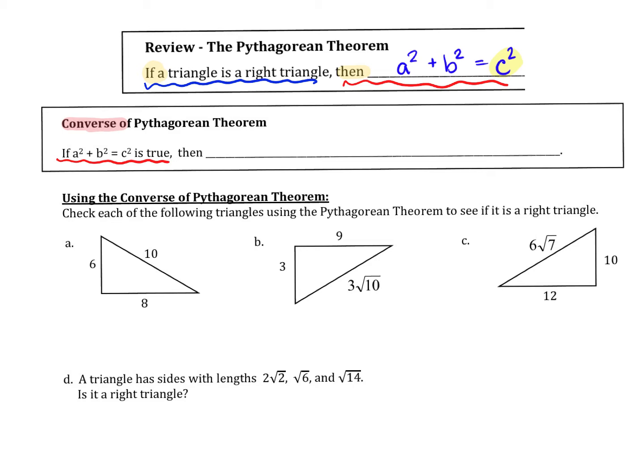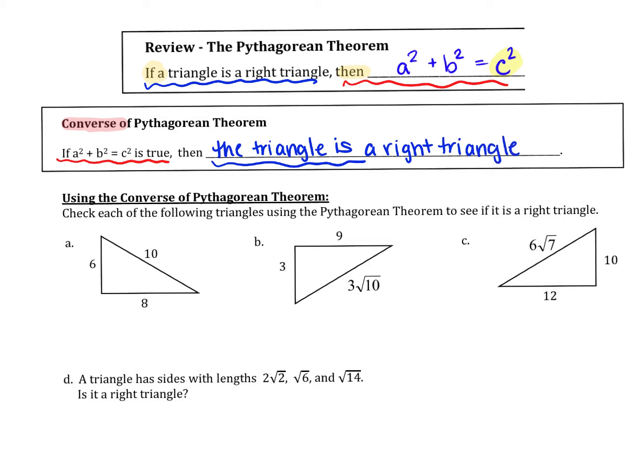So if a squared plus b squared equals c squared is true, then the triangle is a right triangle. So now we're just going to go backwards, okay?